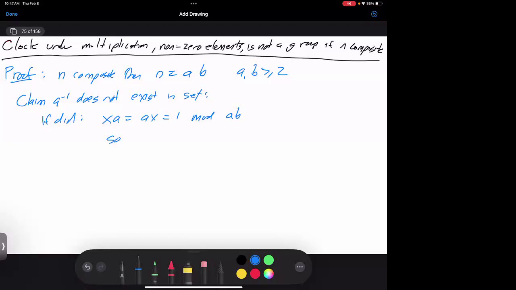So that means AX is some multiple of AB plus 1. So if I subtract, AX minus NAB equals 1, and so I get A times (X minus NB) equals 1, therefore A divides 1.